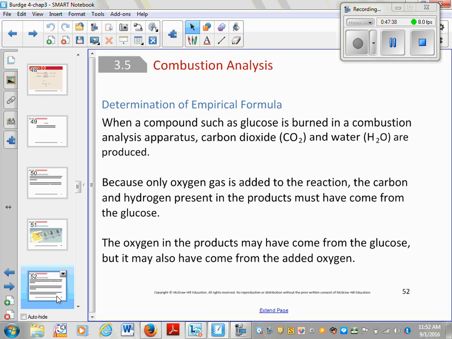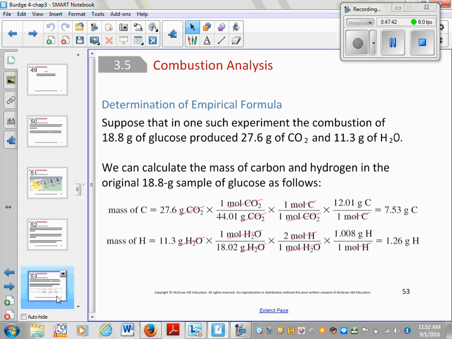So they're talking about glucose, which contains carbon, hydrogen, and oxygen. Here, we're burning glucose, 18.8 grams. And we find out we produce 27.6 grams of CO2 and 11.3 grams of water. I want to know how much carbon and how much hydrogen.